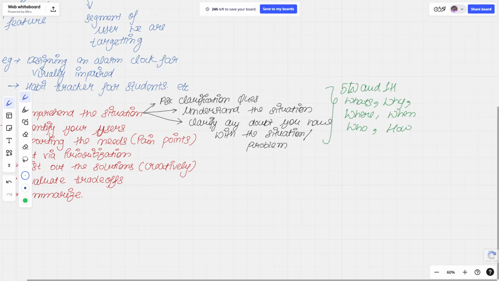So this is the basic framework for beginners who do not have any idea what clarifications they could ask. That will definitely help.